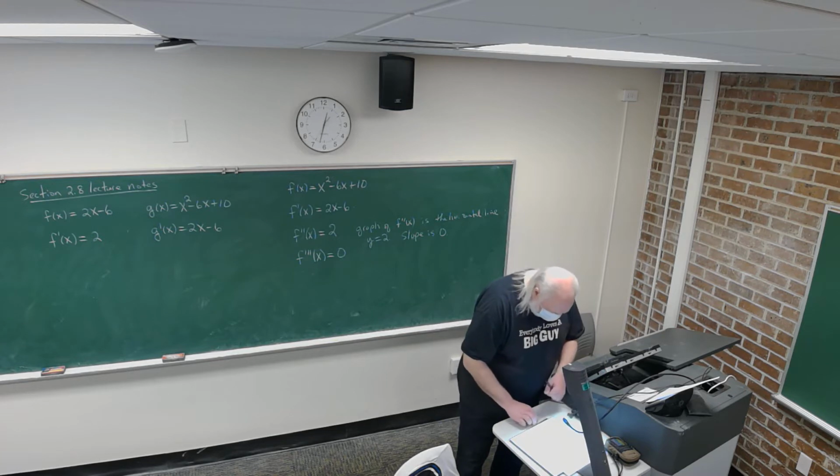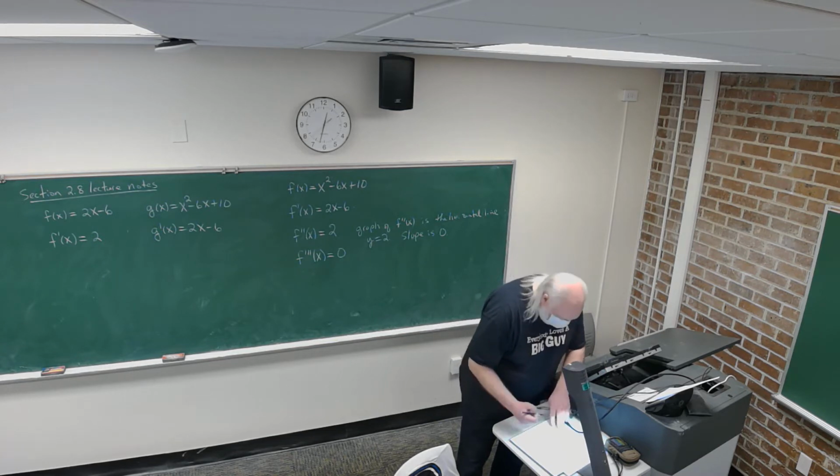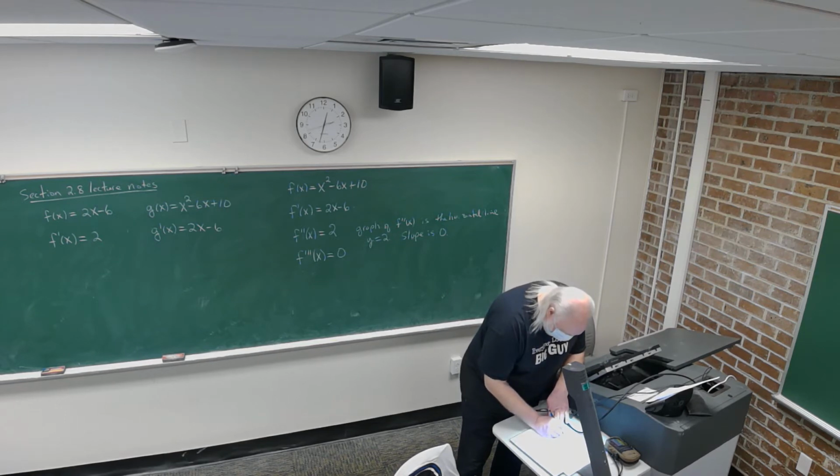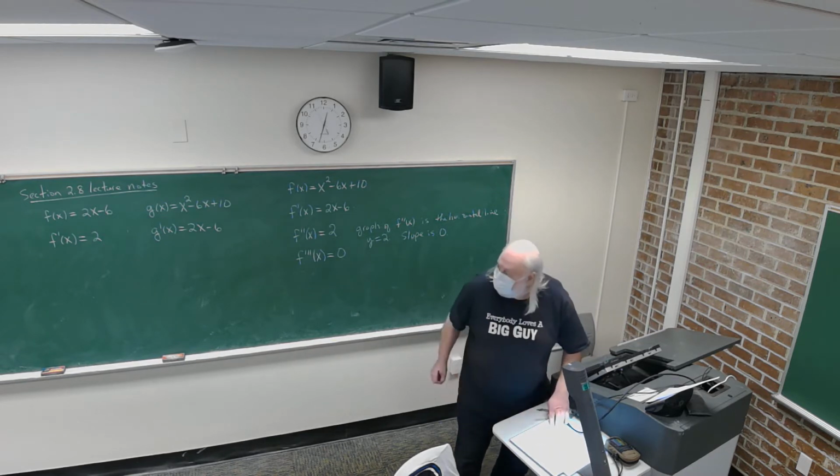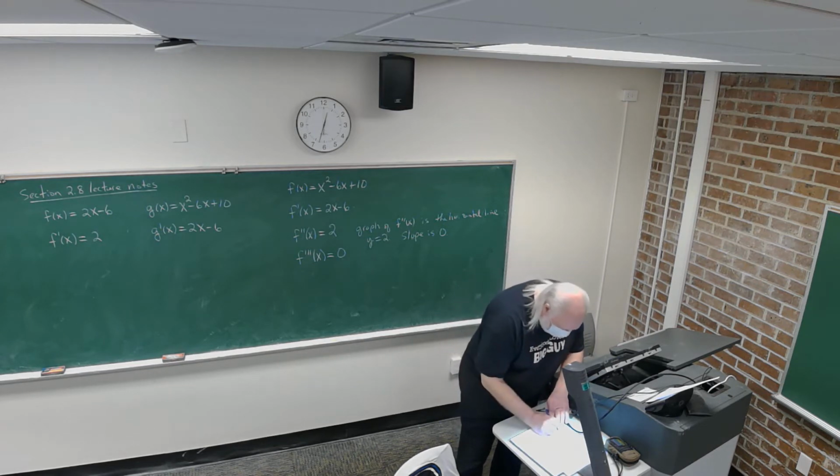And then, I didn't put it on here, but for the nth derivative of y equals f of x, okay? This is for n, right, greater than or equal to 4.